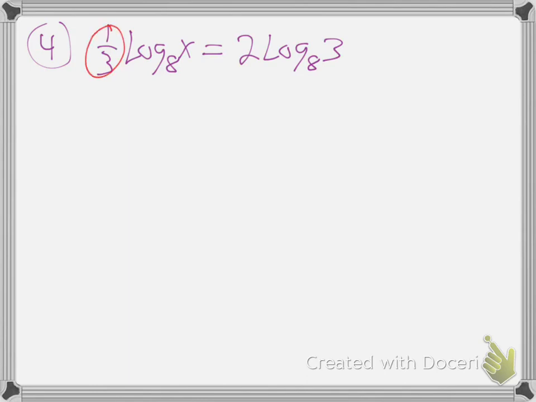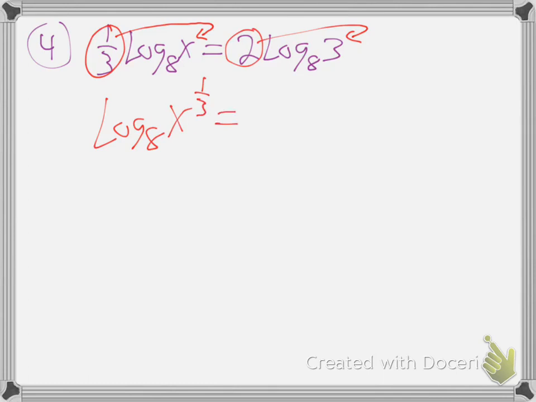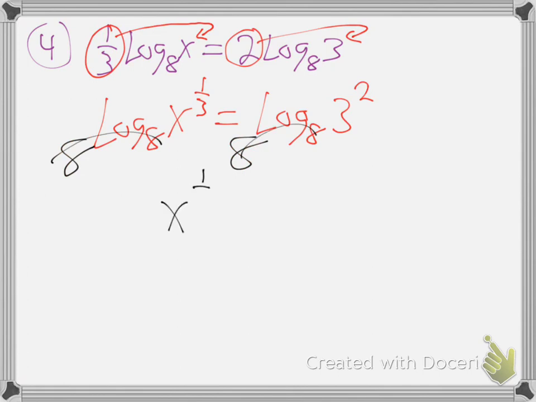So that 1/3 comes up here, and that 2 comes up there. So we get log base 8 of x to the 1/3, log base 8 of 3 squared. And then what do we do? 8 power, cancel. So we get x to the 1/3 is 3 squared, which is 9.